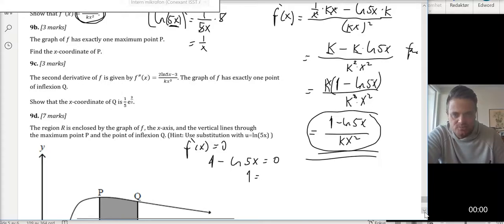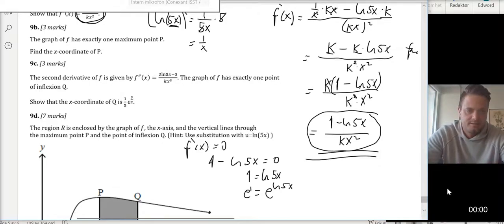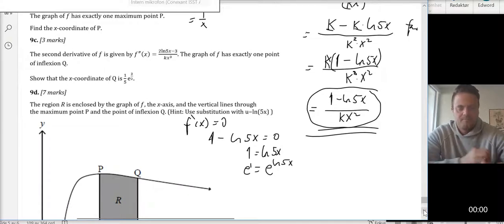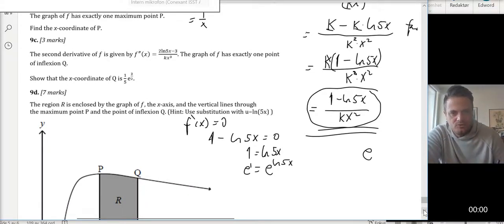This is an equation with ln. So I get ln on the right hand side here. And then to get rid of ln, as you may say, we take e to the power of each side, like this. And the thing is then, remember, e to the power of ln p is equal to p. That's the definition of ln of a number. So e to the power of ln 5x is 5x.